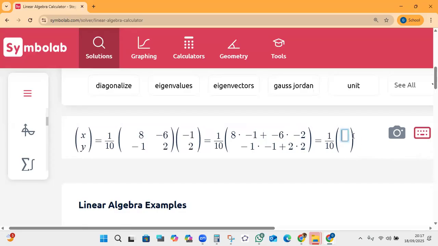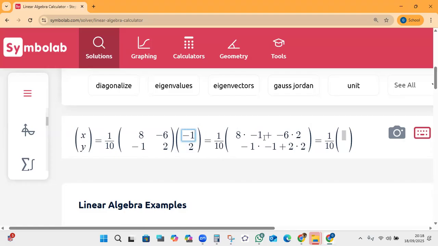And -6 times +2, sorry, I'm looking at the 10 there.